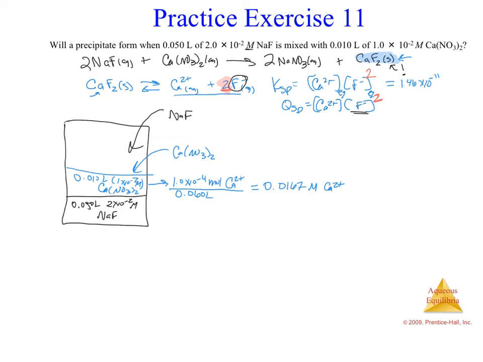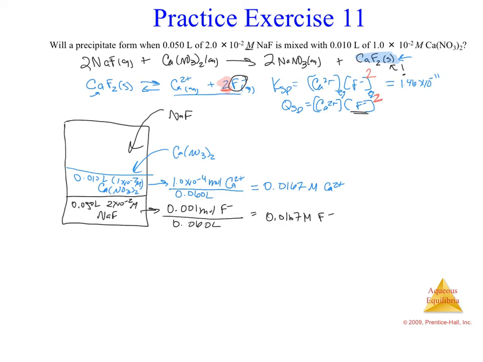So let's find our new molarity of the fluoride. I have 0.050 liters times 2 times 10 to the negative second molarity, and multiplying those together gives me 0.001 mole of NaF, a 1-to-1 mole ratio with fluoride, which is what I'm interested in, divided by my new total volume to get my new molarity. And I end up with 0.0167 molar fluoride.